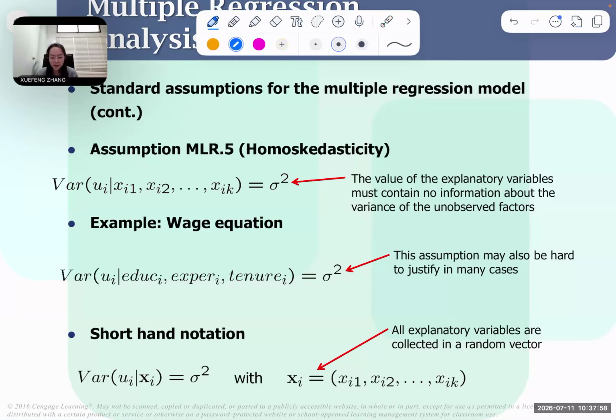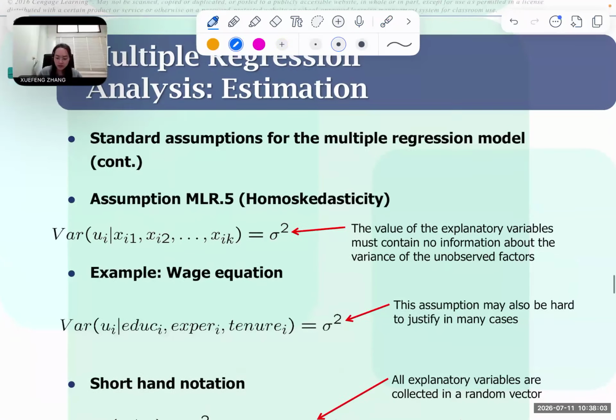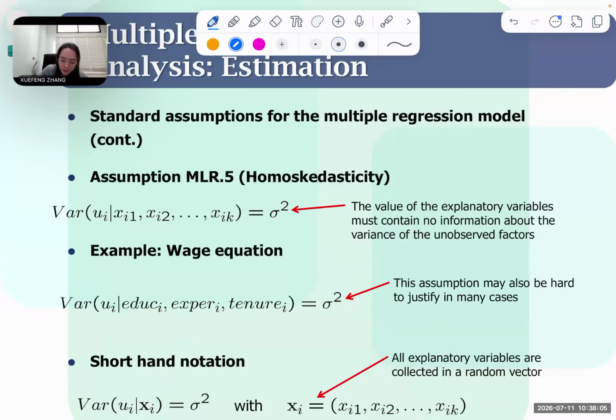So here, remember assumption 4, MLR assumption 4. Assumption 4 said that the average of mu doesn't depend on x.